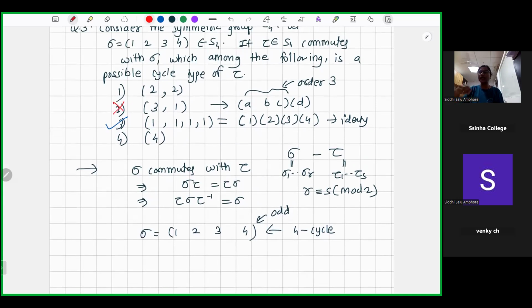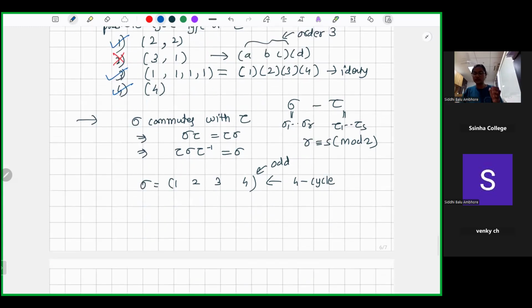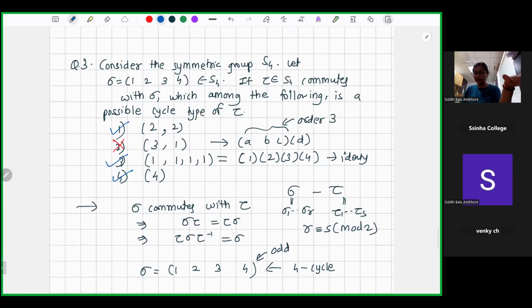Here too, again, we have 2 transpositions, so they again have the same parity for the 4 cycle. That's why this one will commute with sigma, and any 4 cycle conjugated by its inverse will again give back tau. So it will again commute with this sigma. You just need to check the order of the elements and how they are represented when we convert them into cycle form.